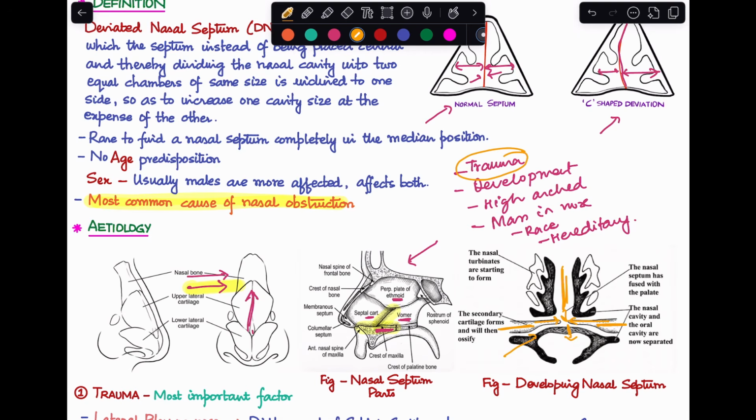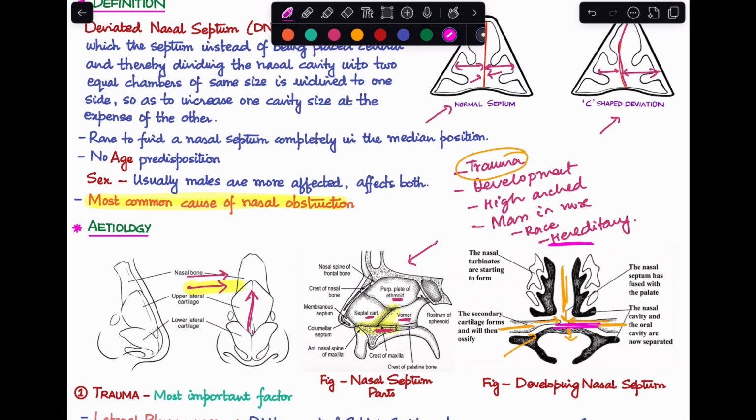Any issue in this whole process, if there is any unequal growth between the palate and the base of the skull, it can lead to buckling of the nasal septum. Any kind of deviation from the normal developmental process. So that's why a developmental error can also be one of the causes of DNS.